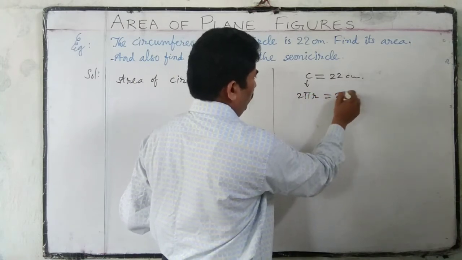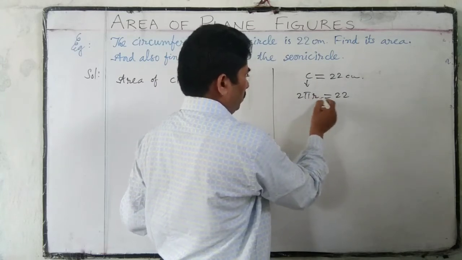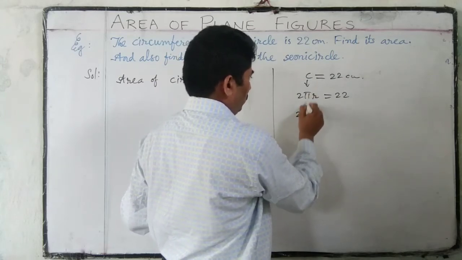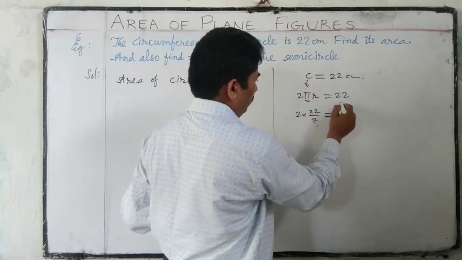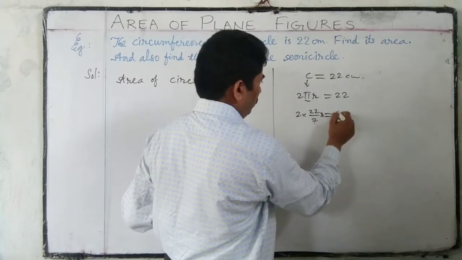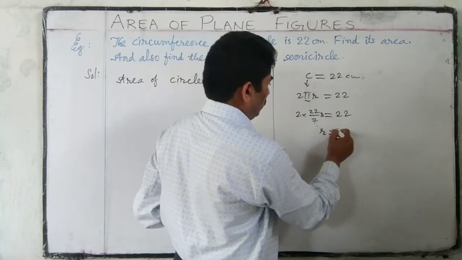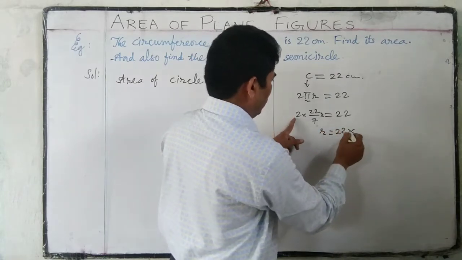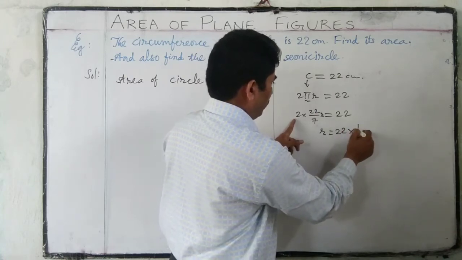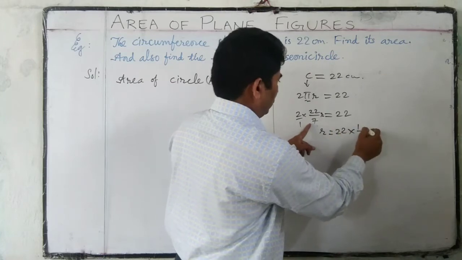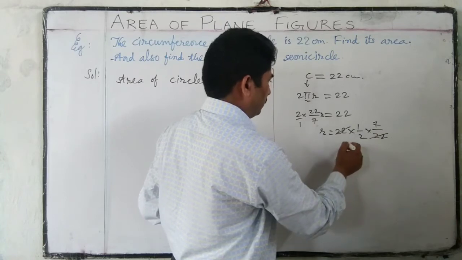So 2 pi r is equal to 22. 2 into 22/7, r is equal to 22 into 7/22. 22 cancel.